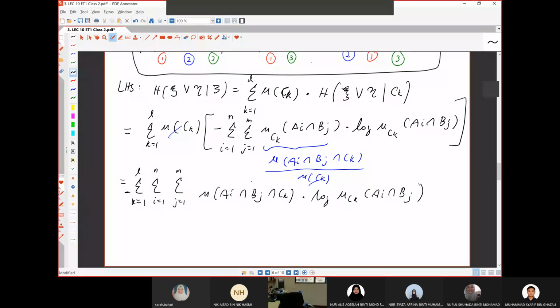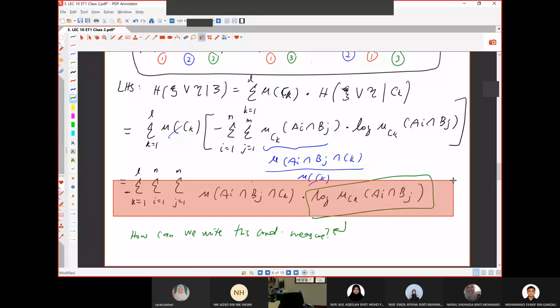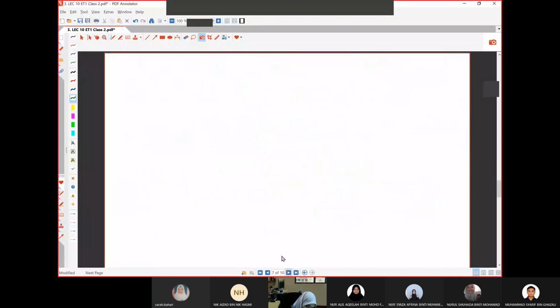So I want to show you this part. How can we write this conditional measure? Okay. So I start from here. Let me copy this. It's been a while, it doesn't look good, never mind, I'll rewrite it.